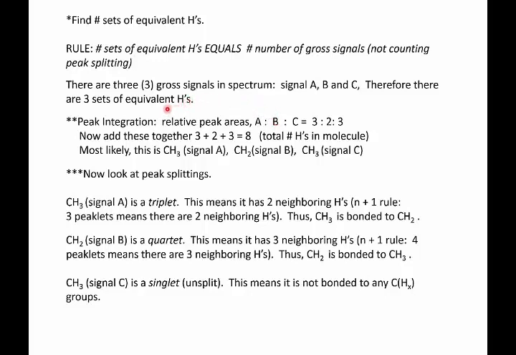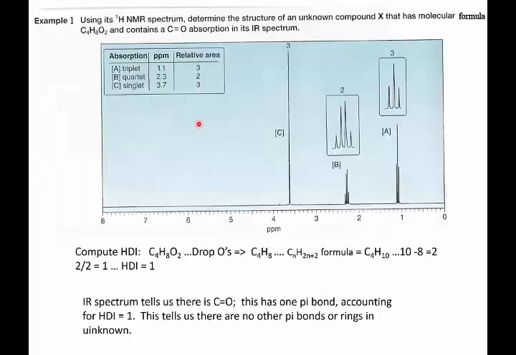All right. Now looking at the peak integration information, peak integration gives the relative areas of the signals. For A, B, C, the peak areas are 3 to 2 to 3.